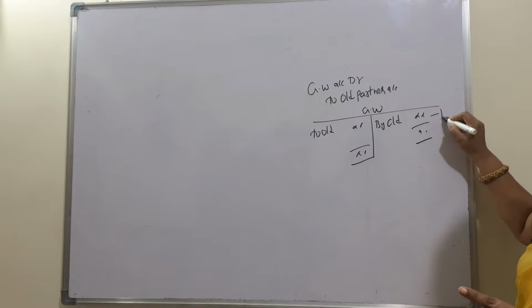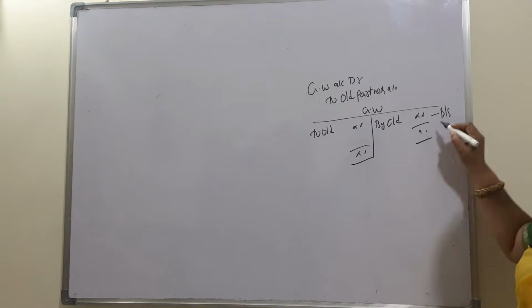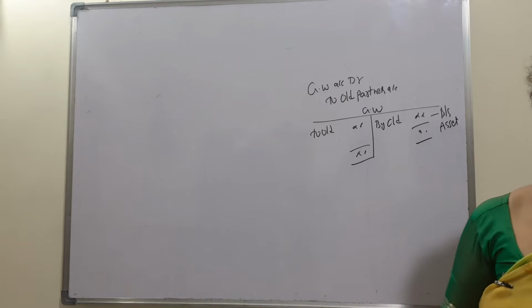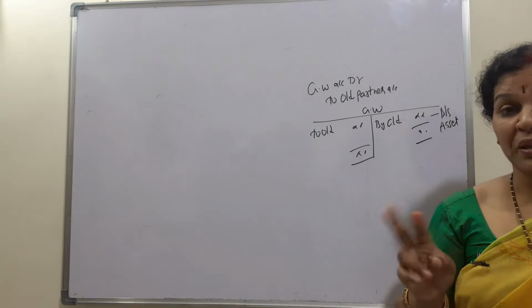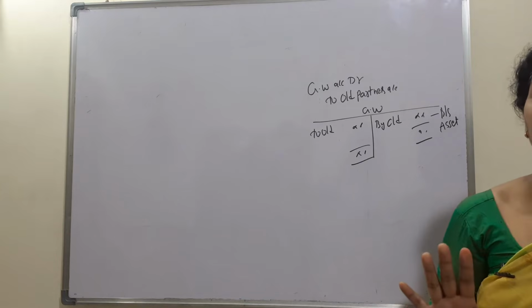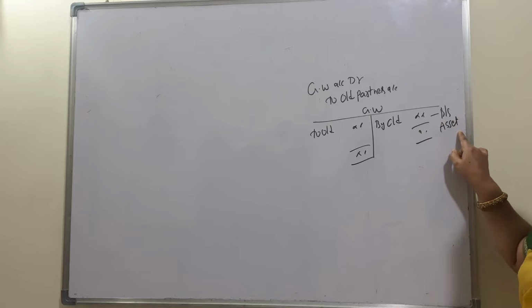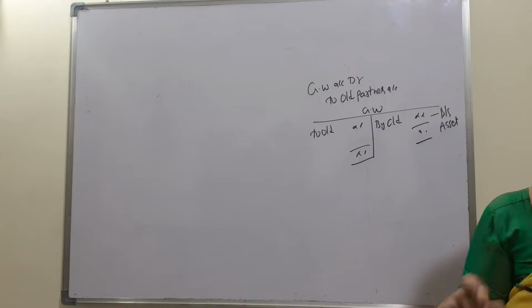This is the amount we show in the balance sheet on the asset side. It is there in the business; it is distributed to the partners but not withdrawn, so it is shown on the asset side. This treatment you have to remember.